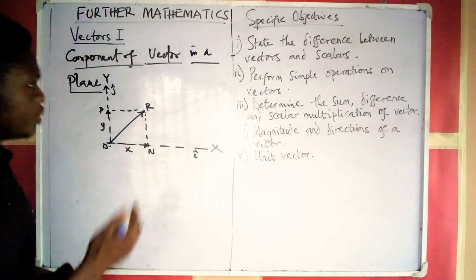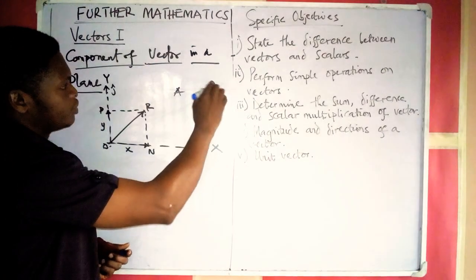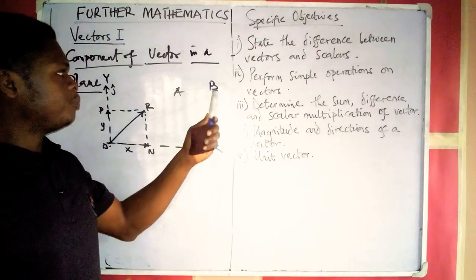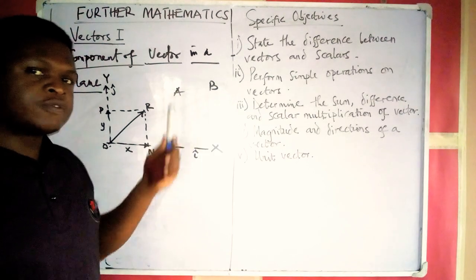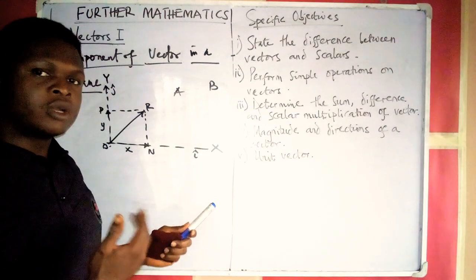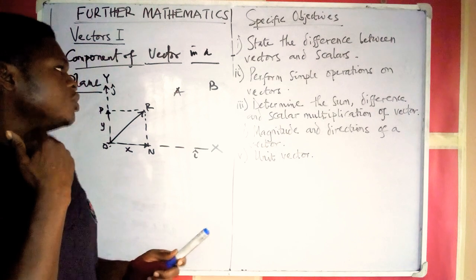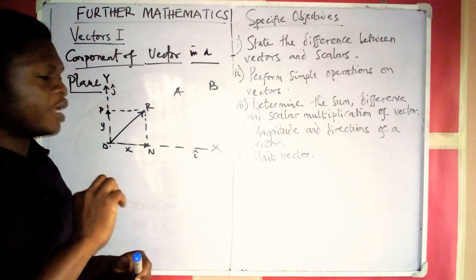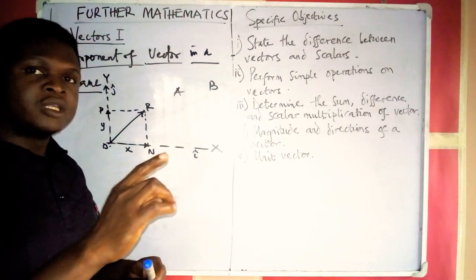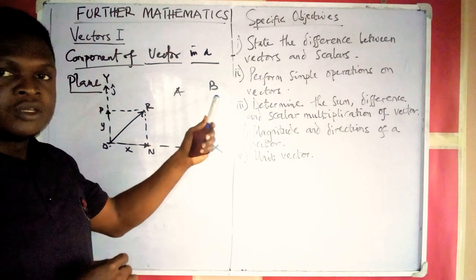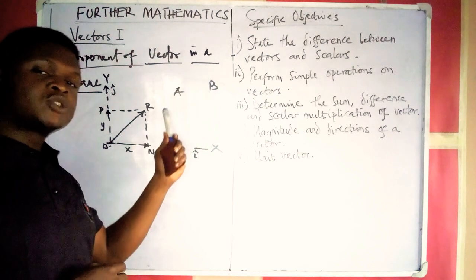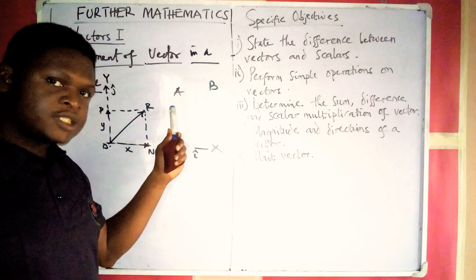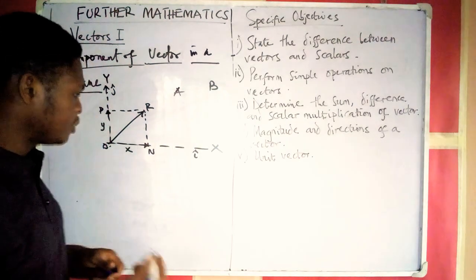Assuming we have two points, let's say A and B on a plane, and A is the reference point of B, that is, we want to measure B from A. So it means that the reference point is A. If we have a line joining A to B, then the vector of B with respect to A is called the position vector of B relative to A.